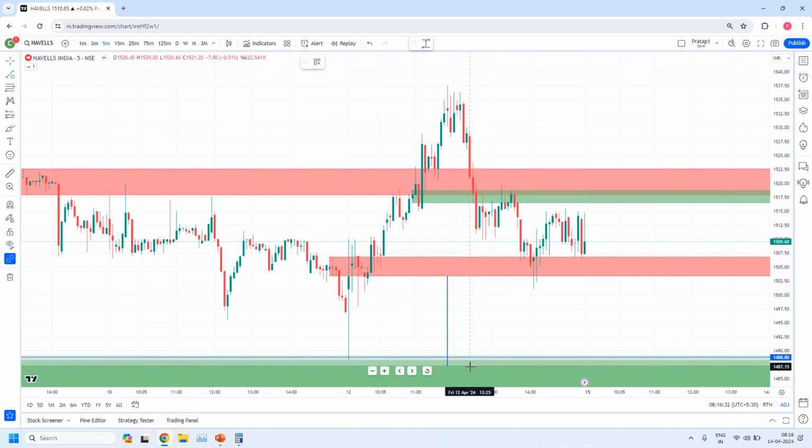But 5 minutes demand zone to 15 minutes supply zone, our profit is 30 rupees. See, here it is 16 rupees 10 paisa. Here it is 30 rupees 60 paisa. Almost close to double the profit.